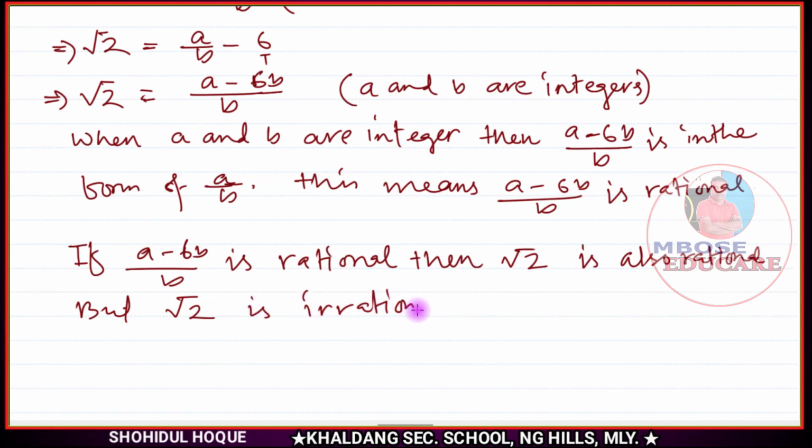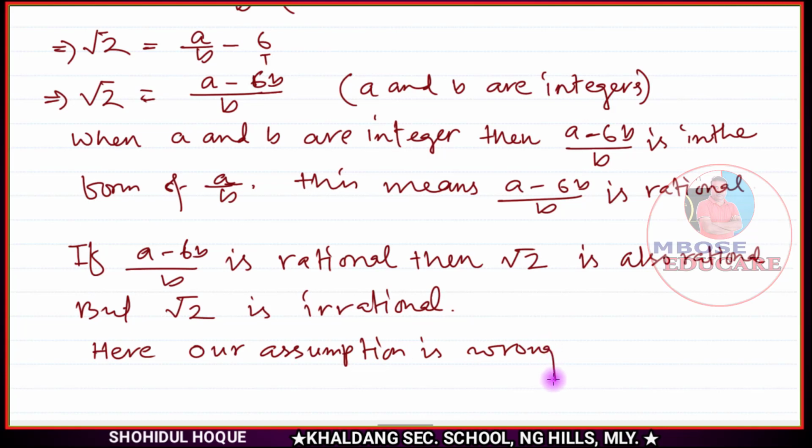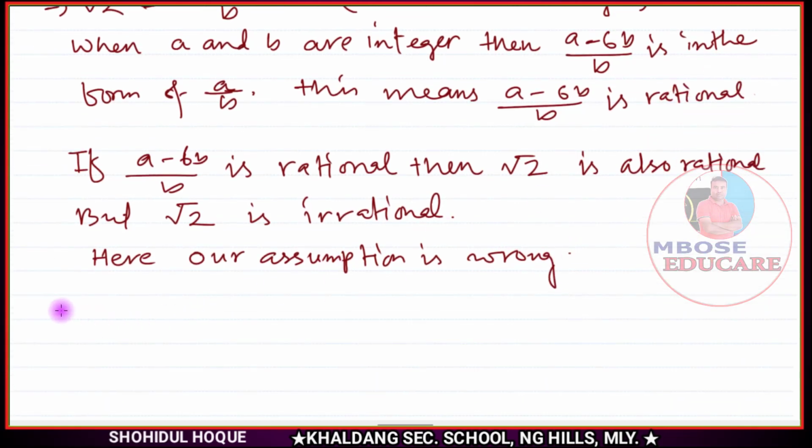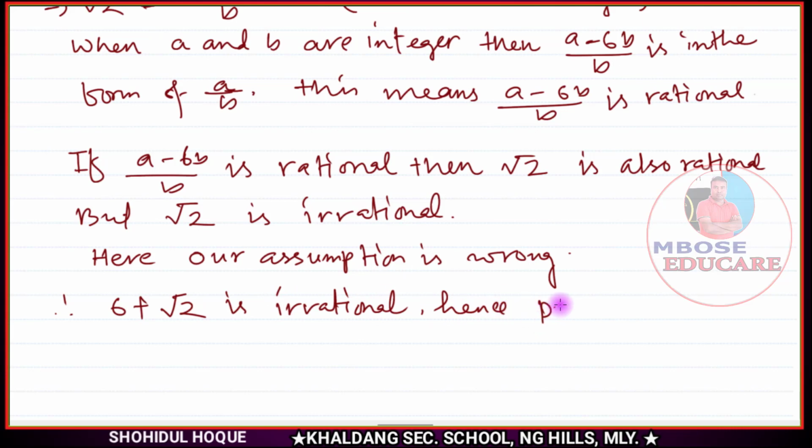We know that under root 2 is irrational. Here our assumption is wrong. So here we can write, 6 plus under root 2 is irrational. Hence proved. We have proved this.